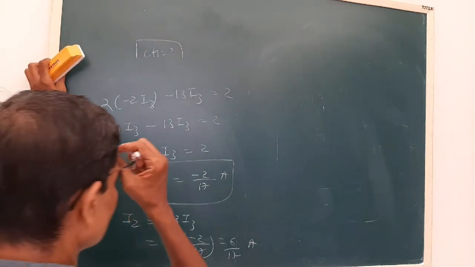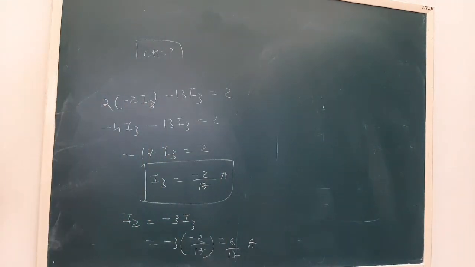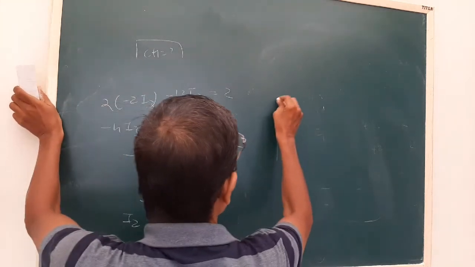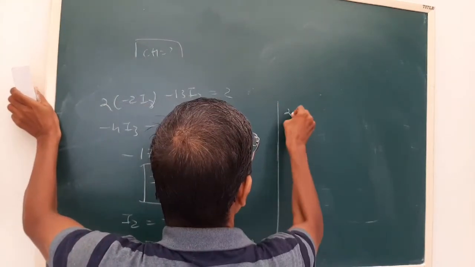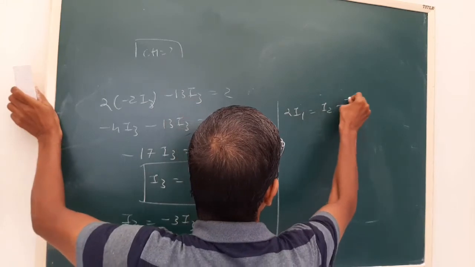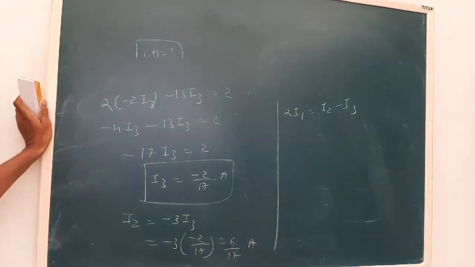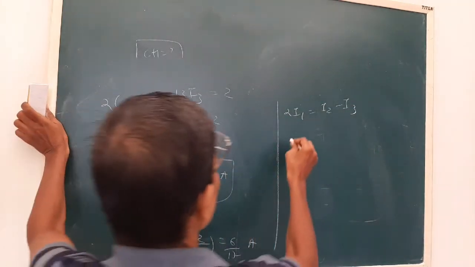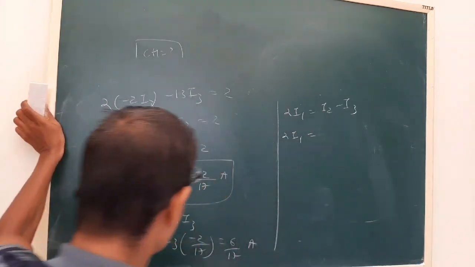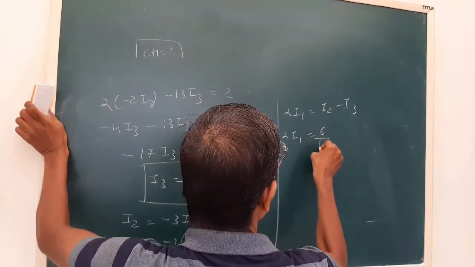Now I is equal to I1 plus I2. What is the relation between I1, I2 and I3? 2I1 is I2 minus I3, as we have seen. What is the I2 value? 6 by 17.